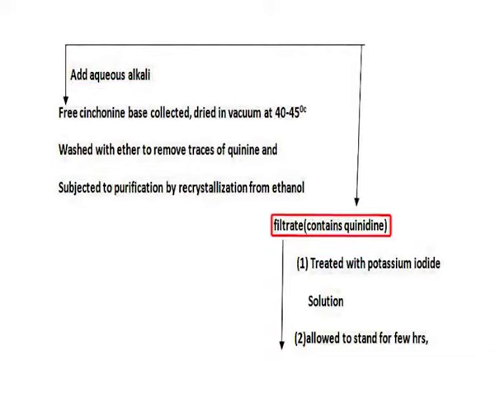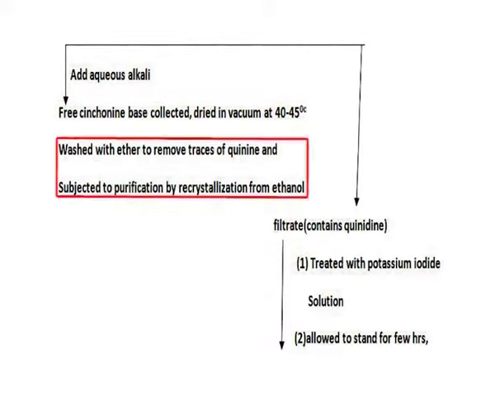We get a filtrate which contains quinidine, and aqueous alkali is added to the other portion. On addition of aqueous alkali, free cinchonine base is collected, dried in vacuum at 40 to 45 degrees centigrade, washed with ether to remove traces of quinine and subjected to purification by recrystallization from ethanol.